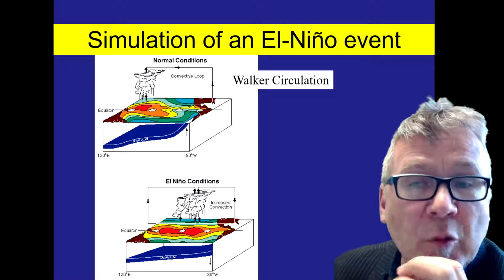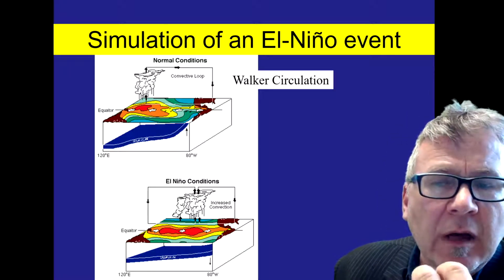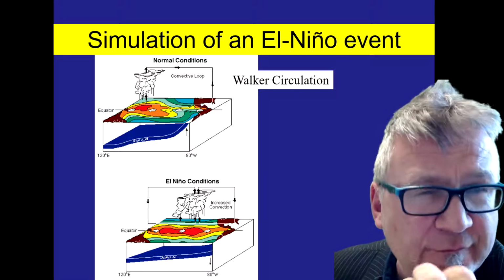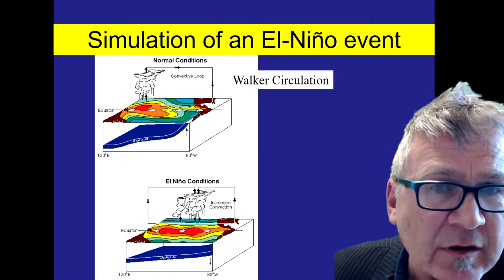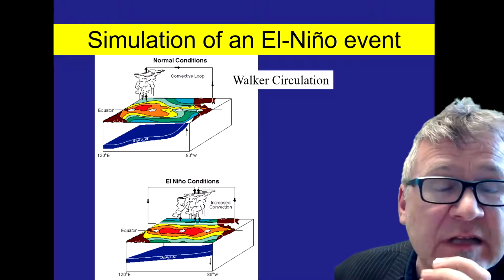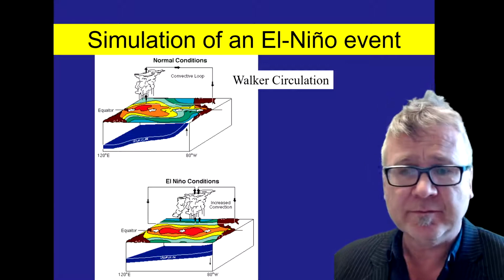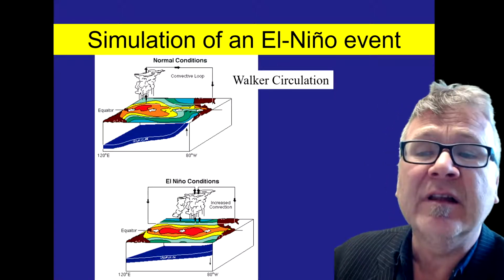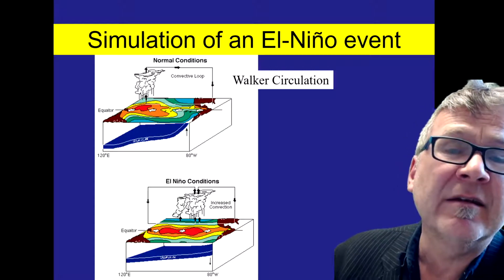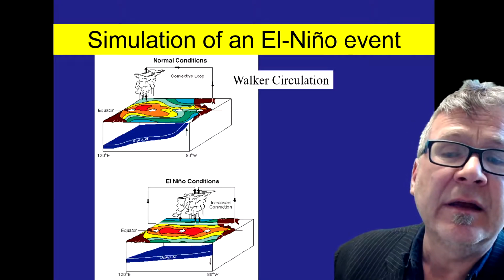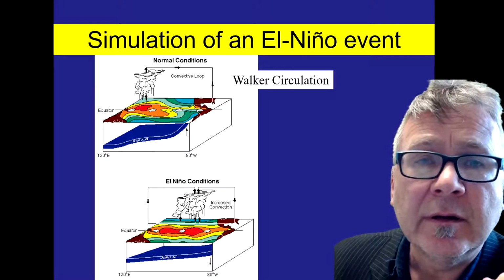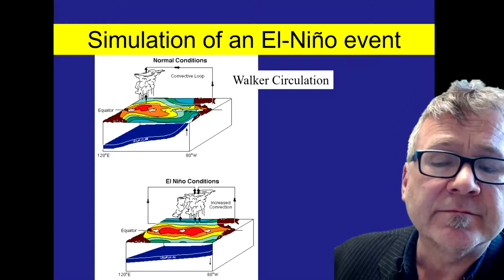And now using this model, I also attempted to simulate an El Nino event in a very, very simplified form. And again, I don't give you much background, just a little bit. El Nino events are created along the equator in the Pacific region.